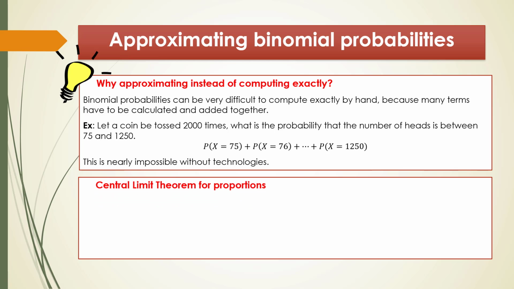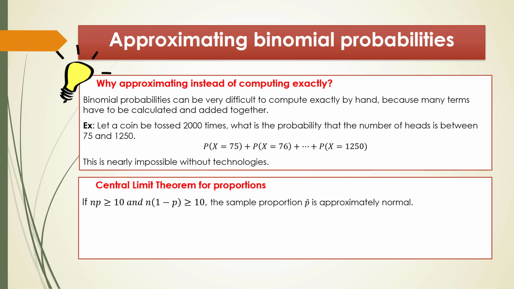So we think about the central limit theorem for proportion. Remember, the central limit theorem for proportion says that if np is at least 10 and n(1 minus p) is also at least 10, the sample proportion p hat is approximately normal.